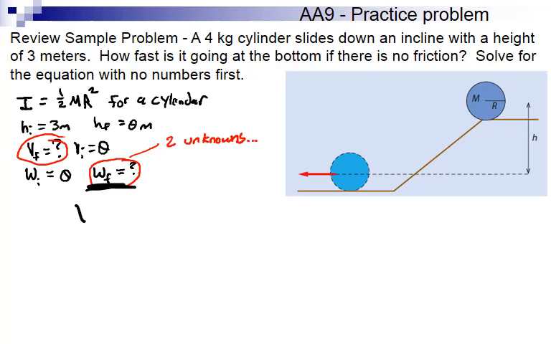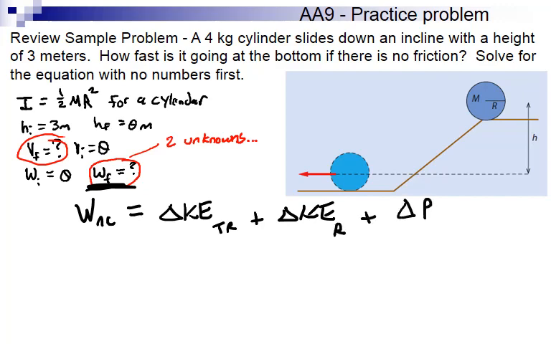So again, we set up non-conservative work is equal to the change in kinetic energy translational plus the change in kinetic energy rotational plus the change in potential energy gravitational, and those are the ones that are applicable here. 0 for non-conservative work.